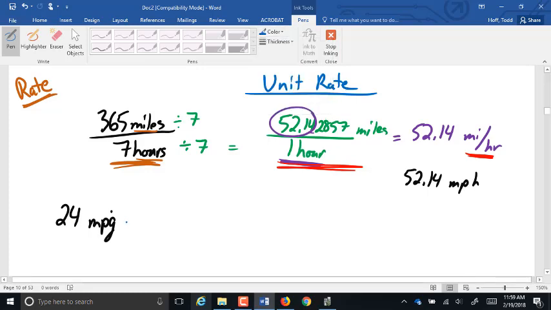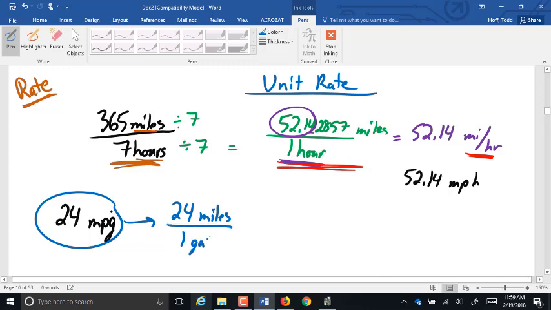So 24 mpg, whenever we see that, we need to think this: 24 miles per 1 gallon. Because this is the form we need it in order to do any calculations with it or to work with it.